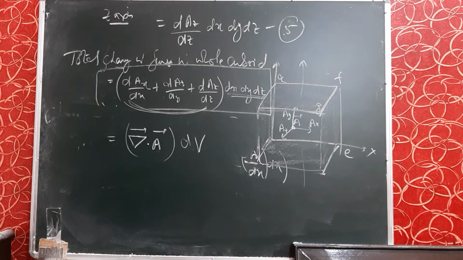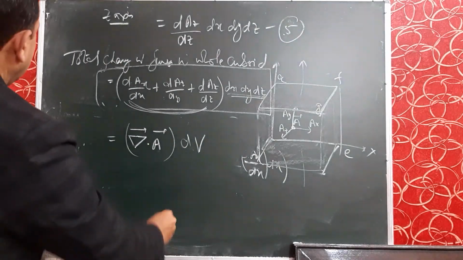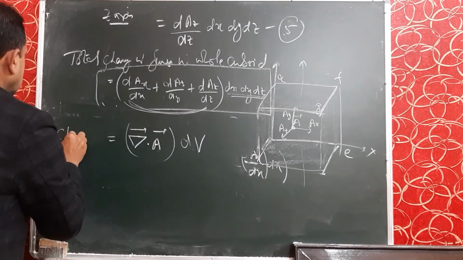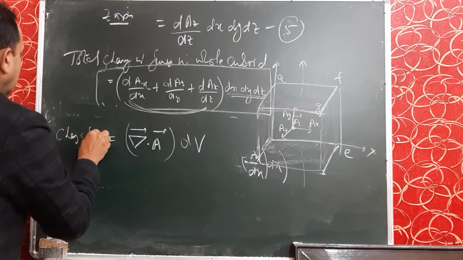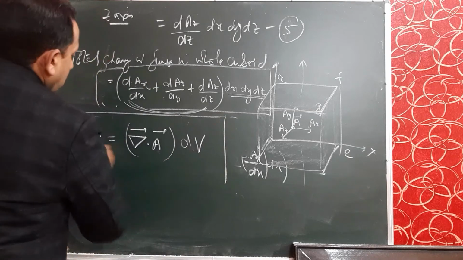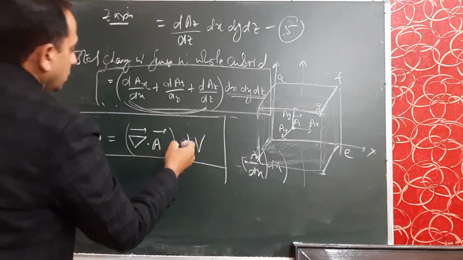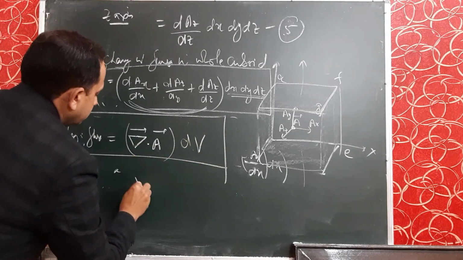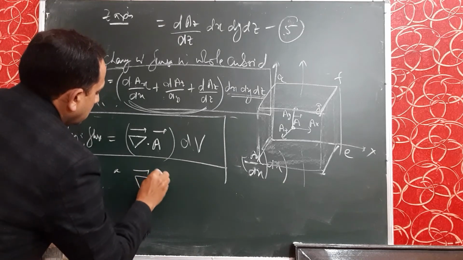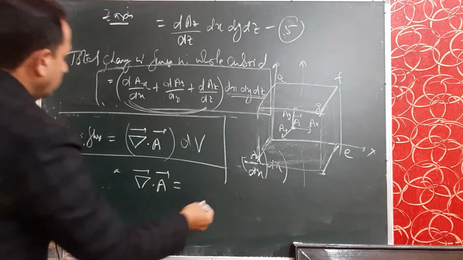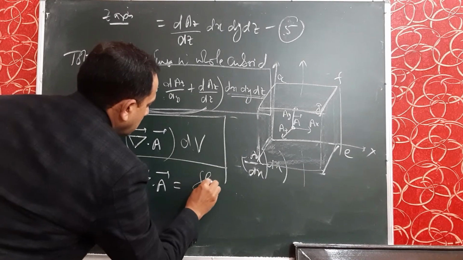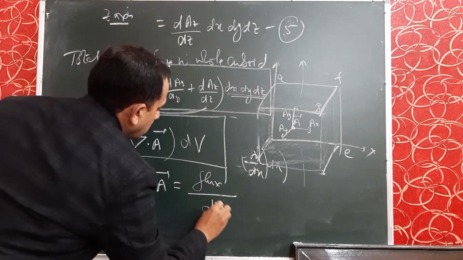So overall, the change in flux is equal to divergence of A into dV, or we may write del dot A is equal to change in flux over volume.